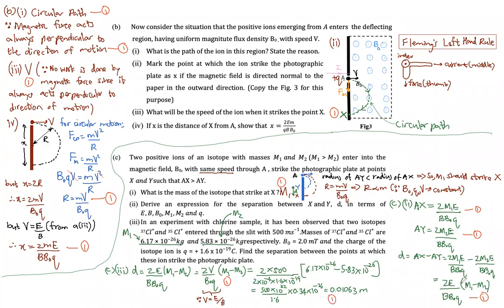Now how many? 1, 2, 3, 4, 5, 6, 7, 8, 9, 10. For part A, how many marks? Okay, never mind. Let's say this is the allocation. 1, 2, 3, 4, 5, 6, 7, 8, 9, 10, 11, 12. I have 12 here, no? 12 marks here. Part A, anyone?